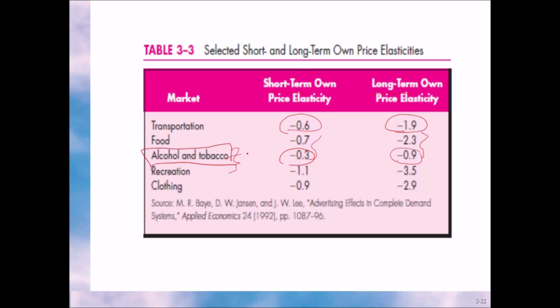These two are products which are addictive. So even though the price is higher, people still buy the product. Of course, it's not good. We really hope that the government will increase the fines and punishment for those who consume alcohol. But basically this type of product is addictive.